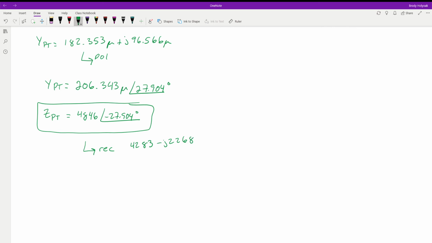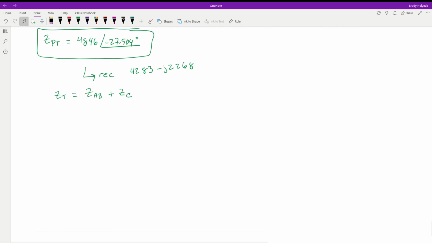So now our Z total is going to be equal to the impedance from A to B plus the impedance of C, and they're both in rectangular because we're adding things together. So our Z total is going to be equal to 8583 minus j of 4861.